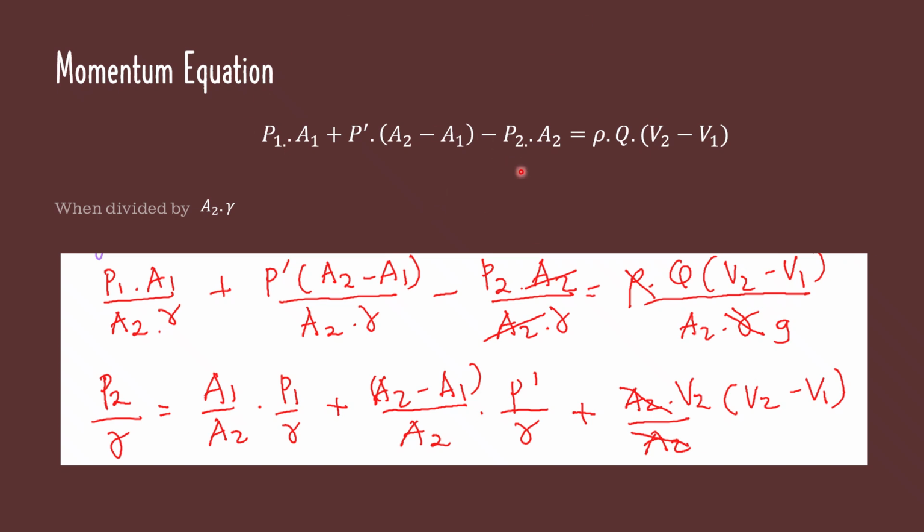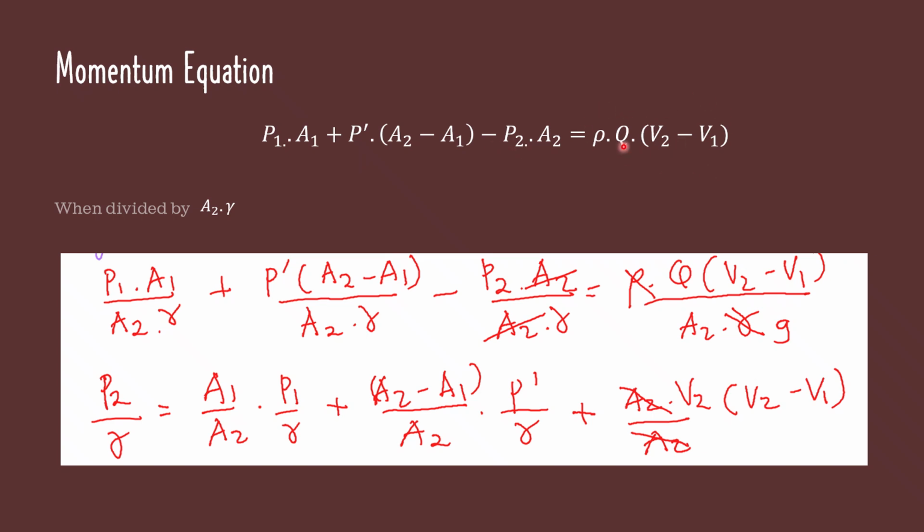This is the explanation. It is the momentum equation. We know that the momentum equation is the formula from Newton's second law. This is F equals ma, or mass times the acceleration.